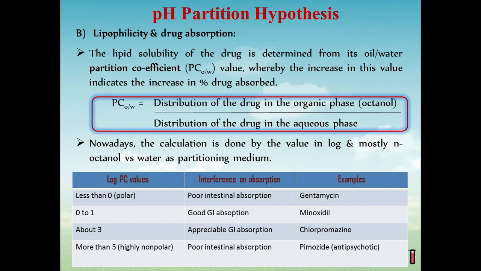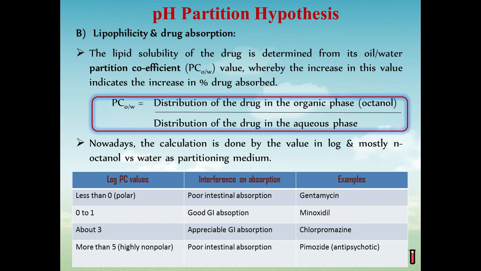Nowadays the calculations are done using log values, and mostly N-octanol versus water is used as the partitioning medium. We can calculate the partition coefficient of the drug, or the log P value, and with the log P values we can determine the absorption of your drug.